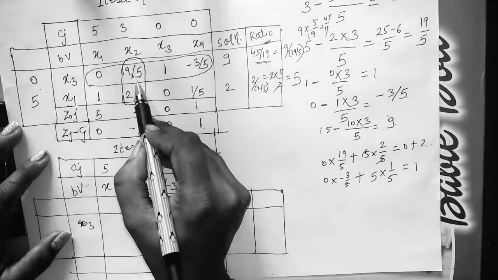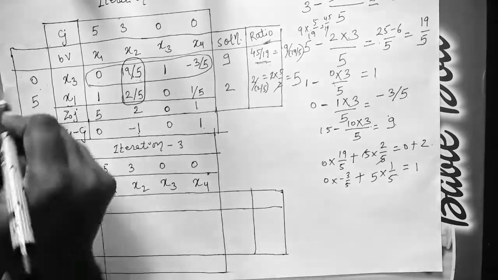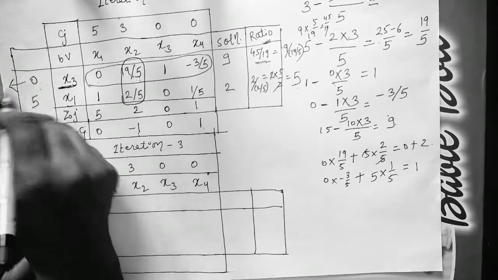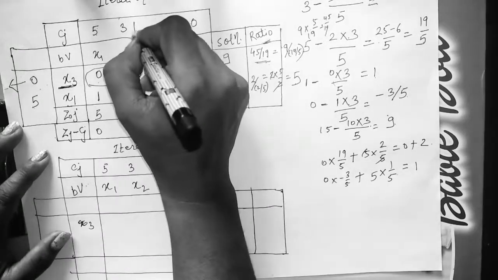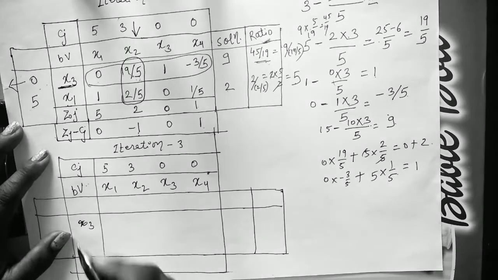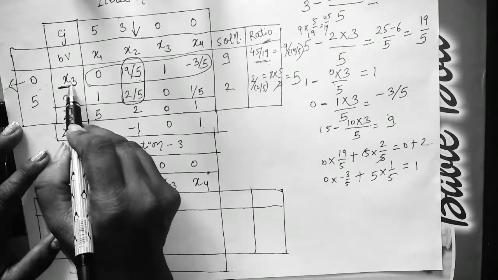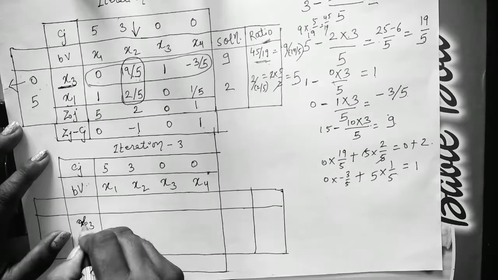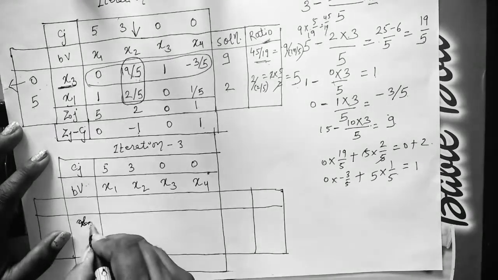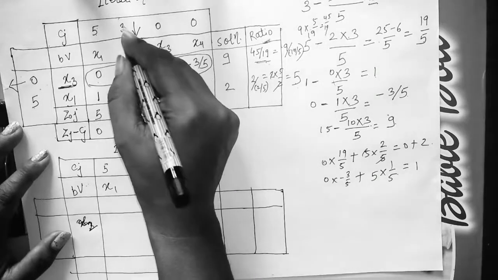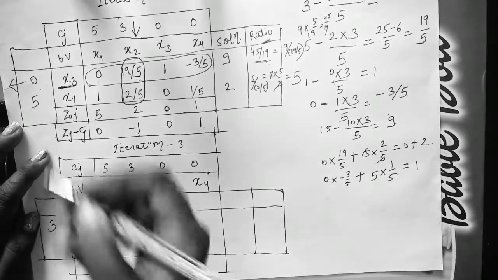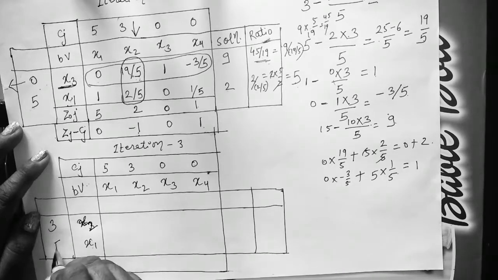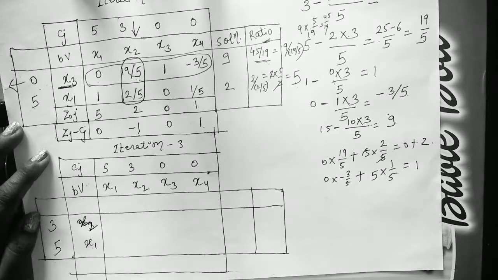Now as this is the key element, x3 will be the departing vector and x2 will be the entering vector. So in place of x3 here we will write the basic variable x2, and the coefficient of x2 is 3. Here x1, the coefficient of x1 is 5.